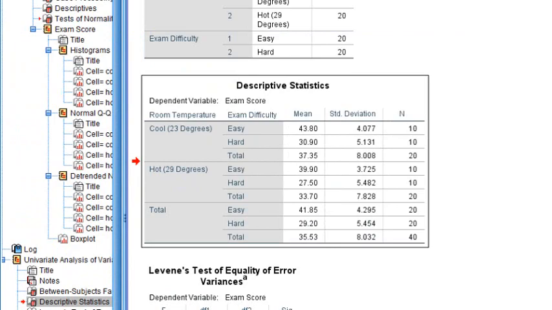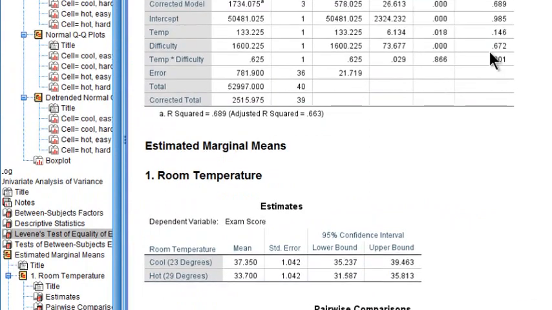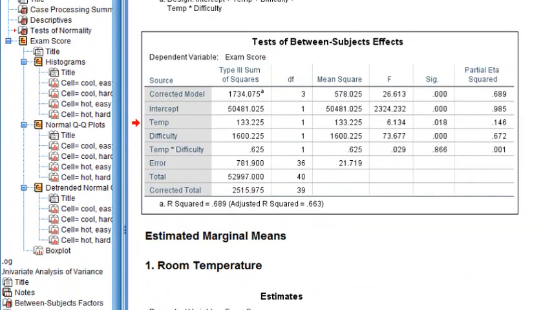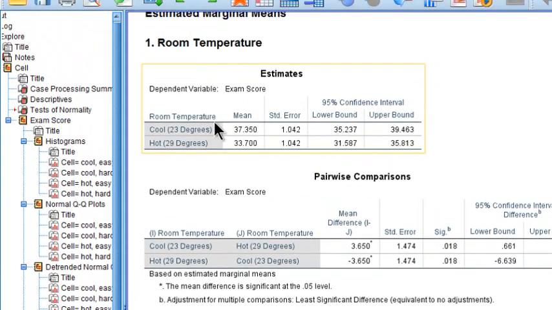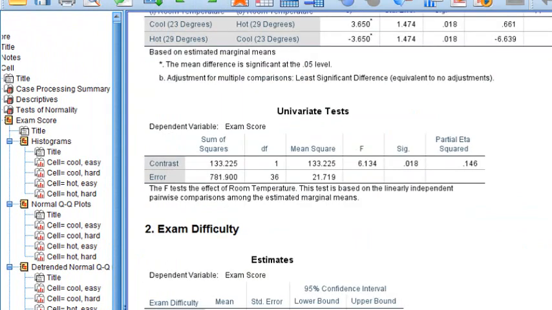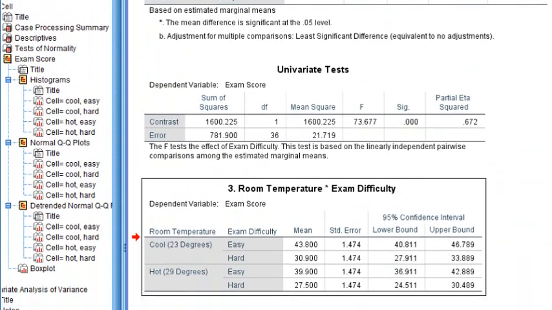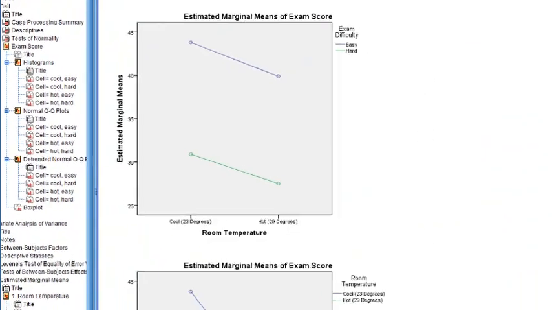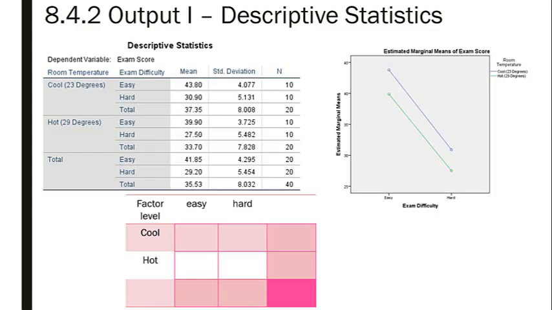We've got descriptive statistics, we've got a Levene's test, we've got an ANOVA source table, we've got some estimated marginal means for room temperature and for exam difficulty. And for the interaction, notice we don't have any simple effects. And I've got two different graphs.